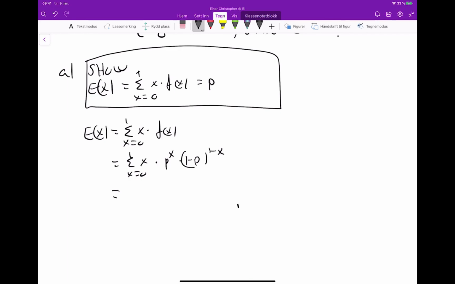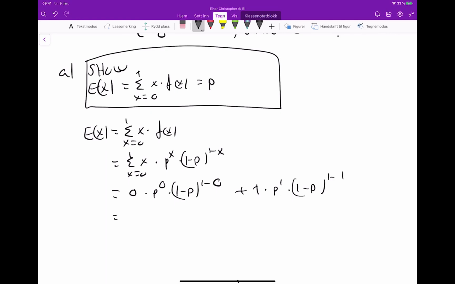So first x equals 0, so then we get 0 times p in 0 times 1 minus p in 1 minus 0. Then we go further in the summation and let now x be 1. And then I have plus 1 times p in 1 times 1 minus p in 1 minus 1.